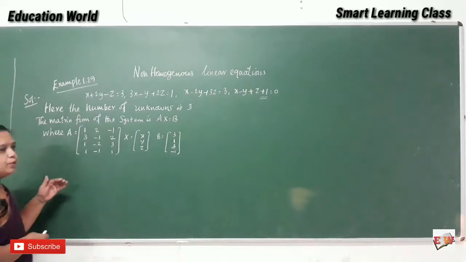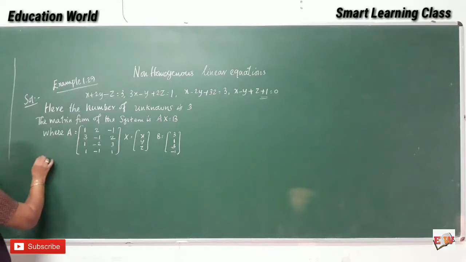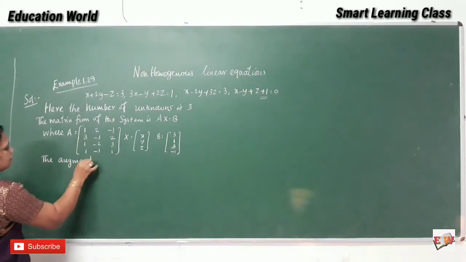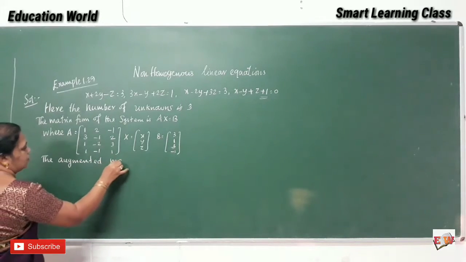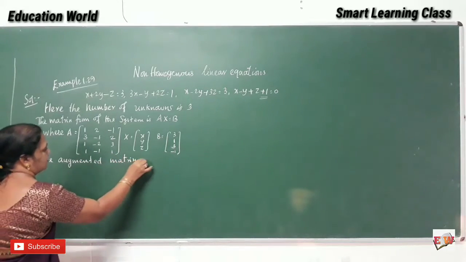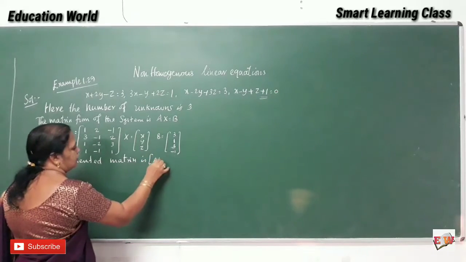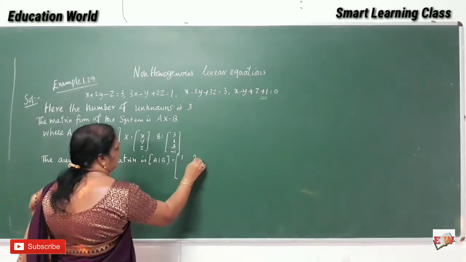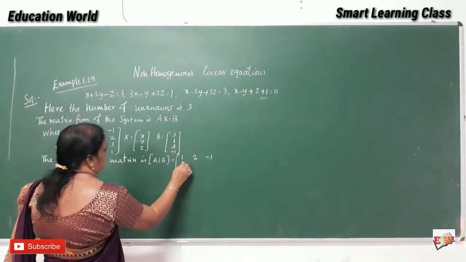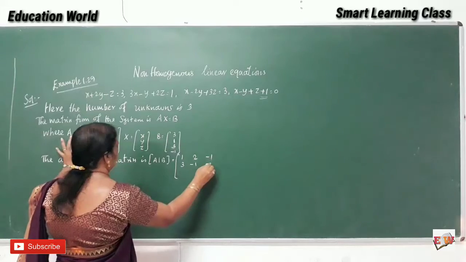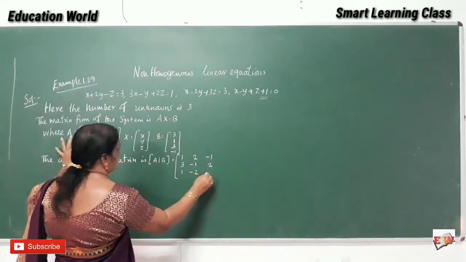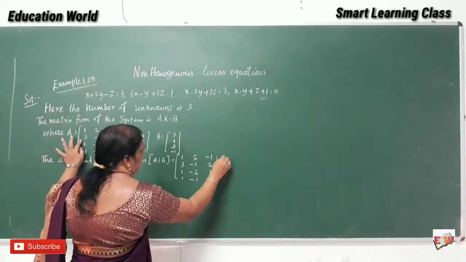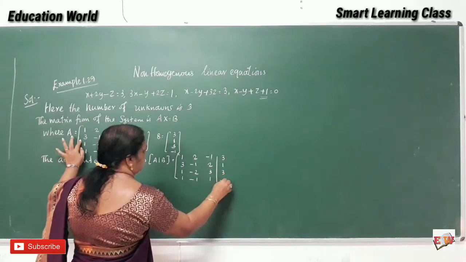Now I am going to write the augmented matrix: 1, 2, minus 1, 3; minus 1, 2, 1, minus 2; 3, 1, minus 1, 1; 3, 1, 3, minus 1.